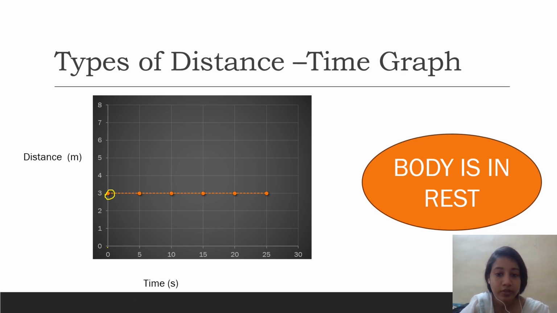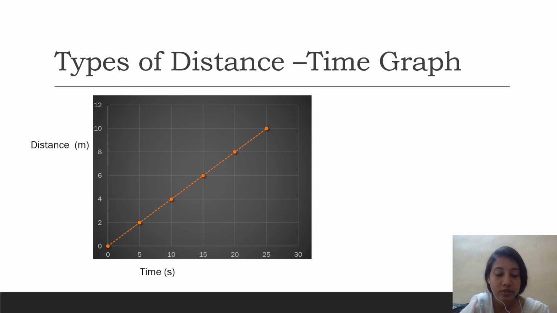Next type of distance time graph is the one we had plotted. So here as you can see, it covers every 2-meter in every 5 seconds. The first 2-meter is covered in the first 5 seconds. The next 2-meter, from 2 to 4, is covered in the next 5 seconds, that is from 5 to 10.